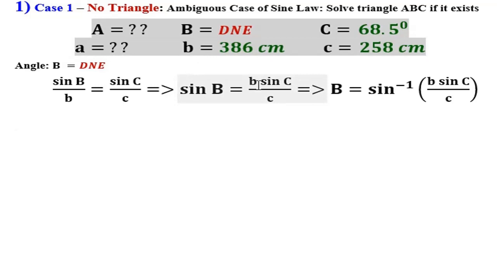That means sine B equals B times sine C over C, so angle B equals sine inverse of B sine C over C.